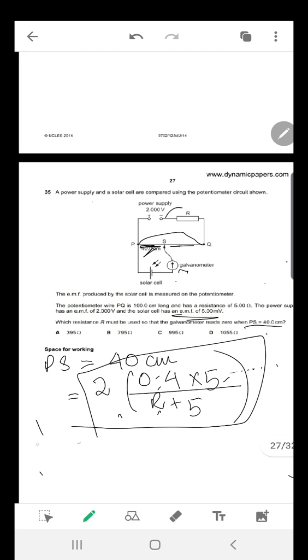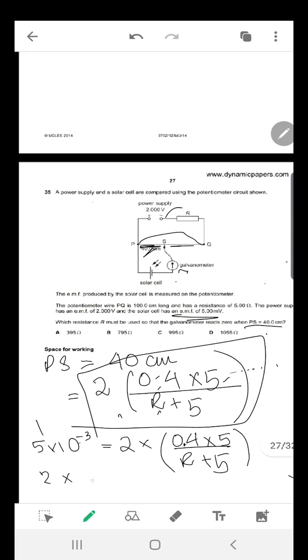Let's do it here. So 5 into 10 raised to the power minus 3 equals 2 into 0.4 into 5 over R plus 5. So 5 into 10 raised to power minus 3 into R plus 5.